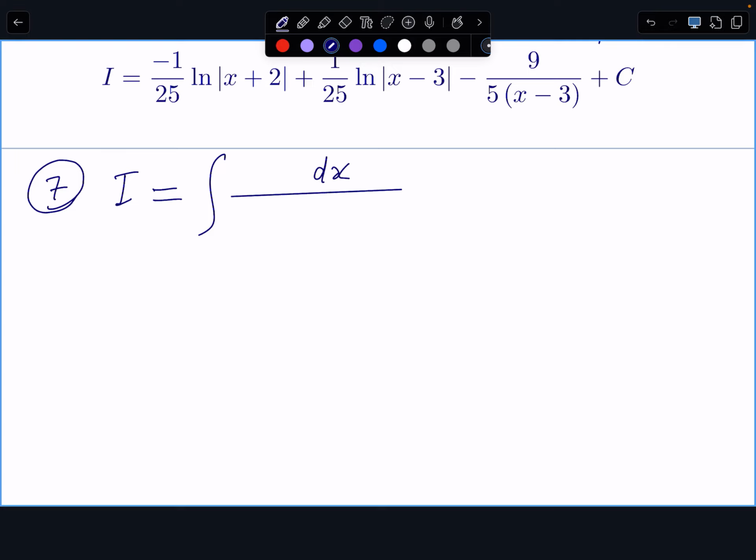Okay, let's say dx over x squared plus 6x. This one is going to be x plus 3 whole squared, and this one is going to be 9.